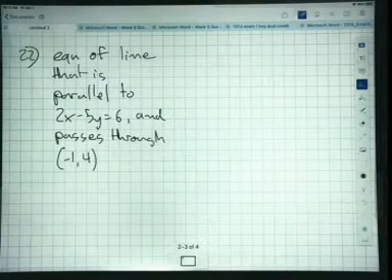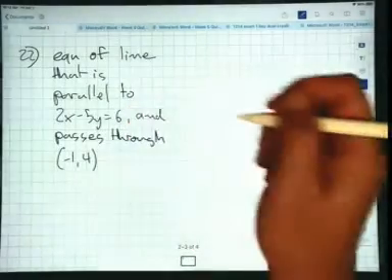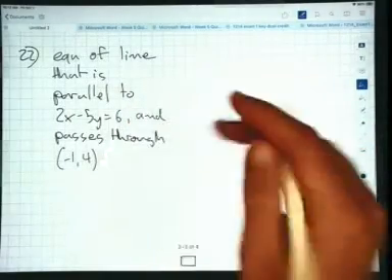We want the equation of the line that is parallel to this given equation, and it's passing through this point.